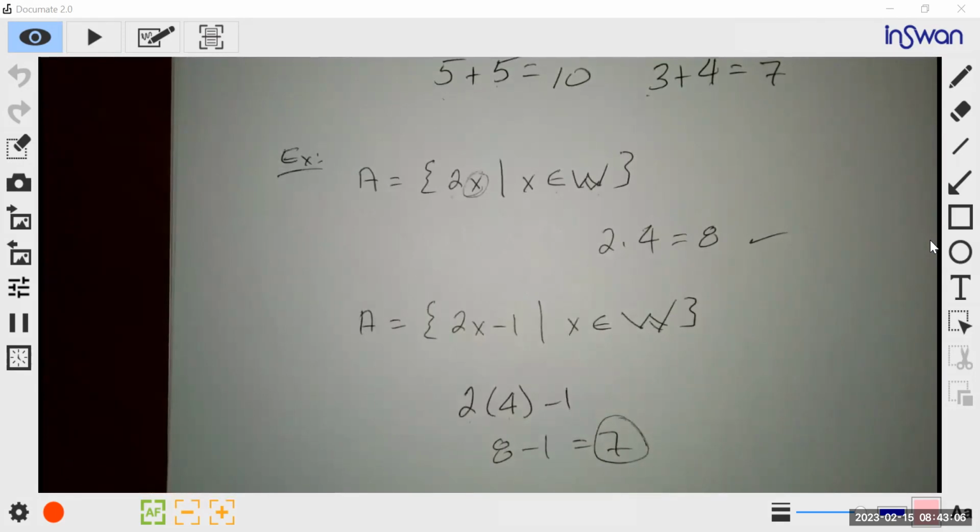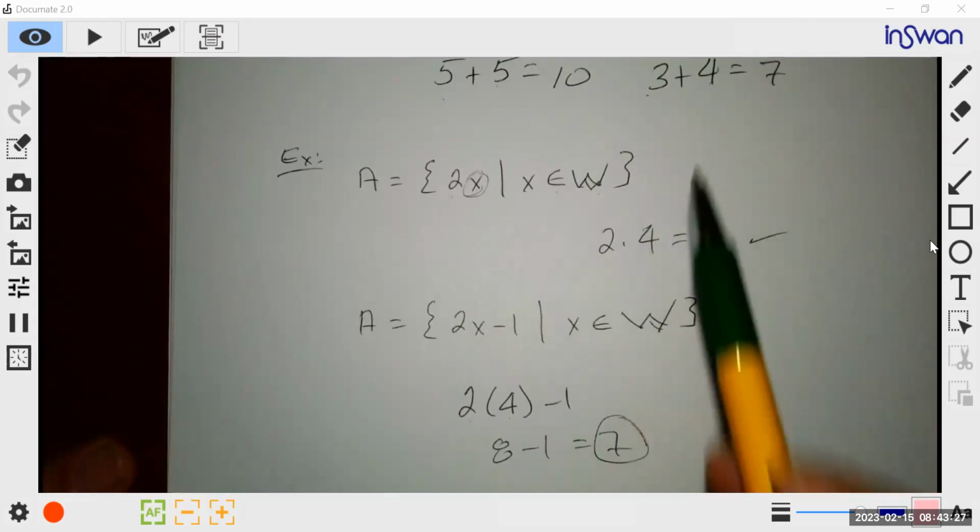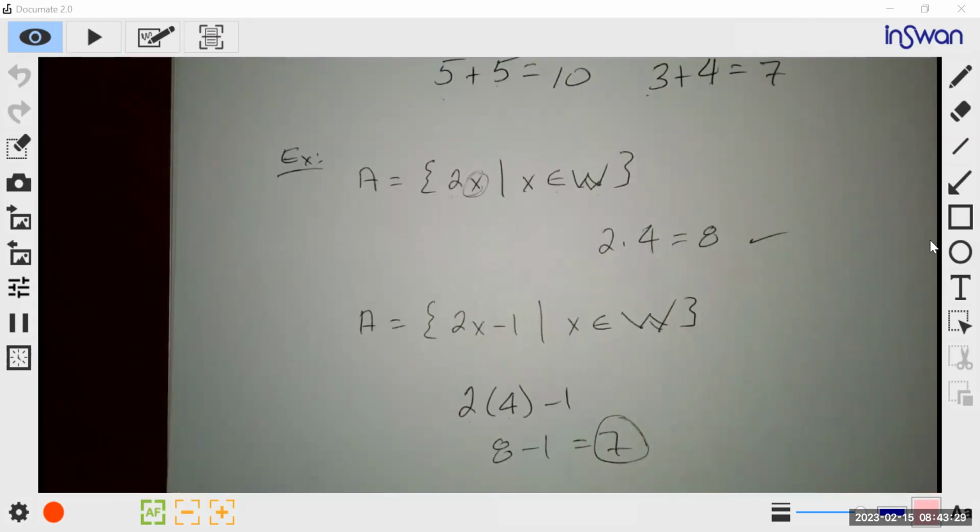So yes, that one passes that example. It shows better on a number line. If the two numbers you pick and add together, if they're all on the number line, those are all whole numbers.